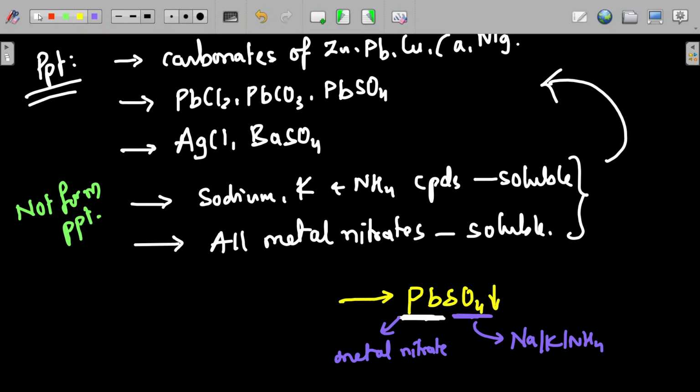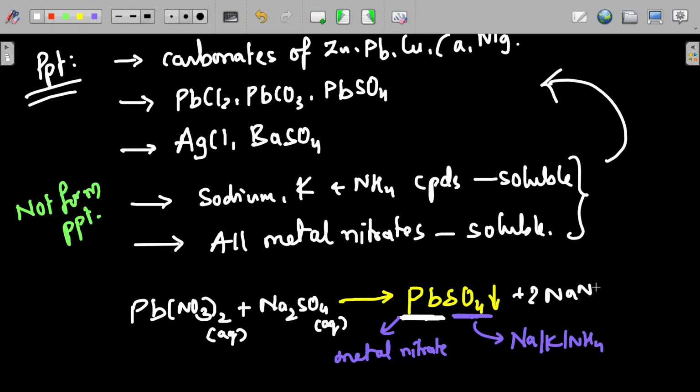Say for example, here I will take lead nitrate, which is soluble in water, correct, plus sodium sulfate, Na2SO4, which is soluble in water. Now just exchange the ions: lead sulfate plus 2NaNO3. So most of your problems are here only what you have to take.